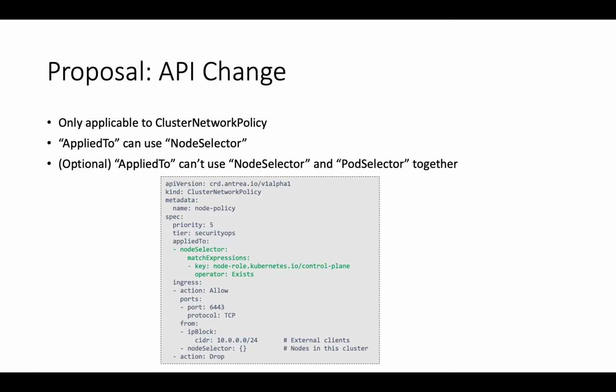But do we do it the other way around today? Like we apply a bunch of stuff to the pod and we have allowing egress to a node selector being the peer. Yeah, that's one way. But that restricts the outgoing, but not the ingress of the node.